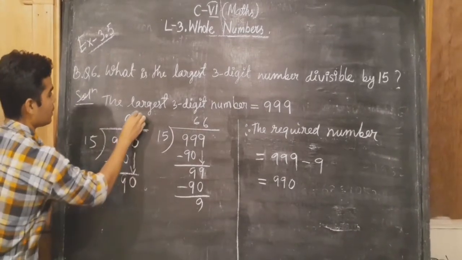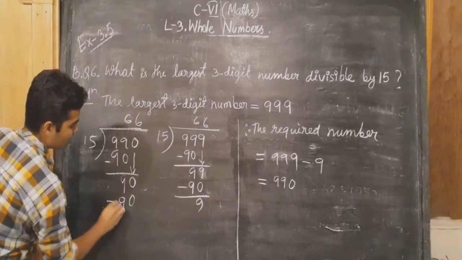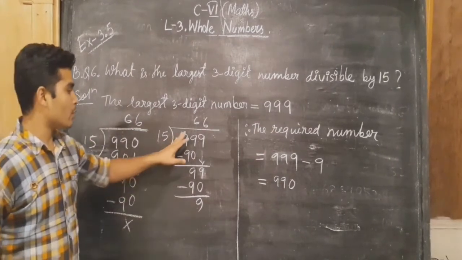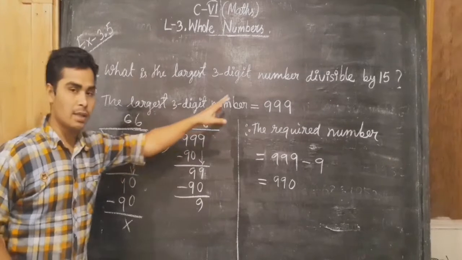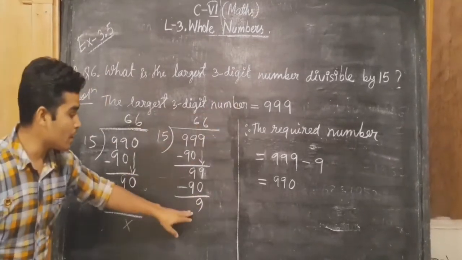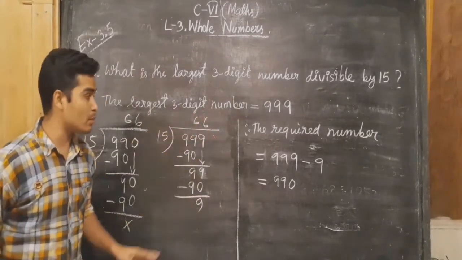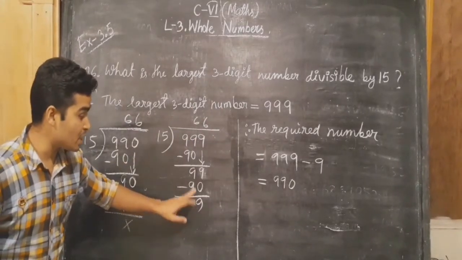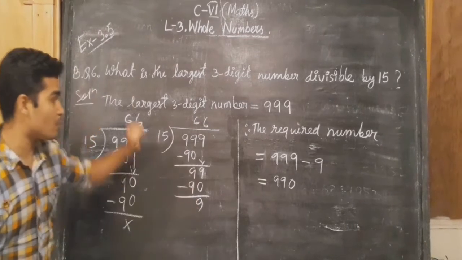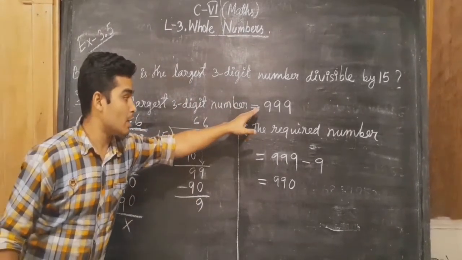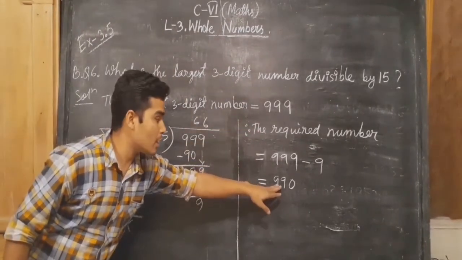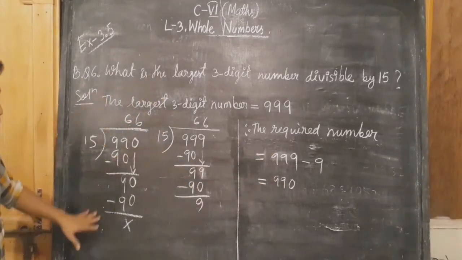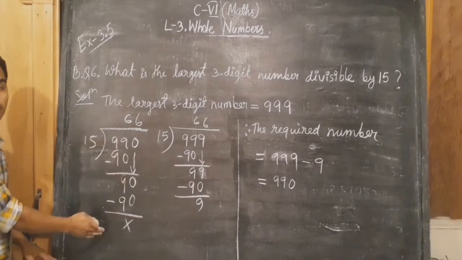Then 90 again, 15 6s are 90. And you can see there is no remainder. Before, when we were dividing the largest 3-digit number by 15, then we got a remainder. That means the largest 3-digit number was not divisible by 15 exactly. What was the remainder? This remainder. That means if I will subtract this remainder from the largest 3-digit number, then I will get 990. Then this must be divisible by 15 exactly. Here I have shown also. You can see I did not get any remainder.